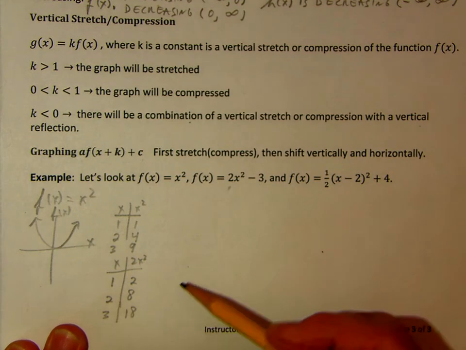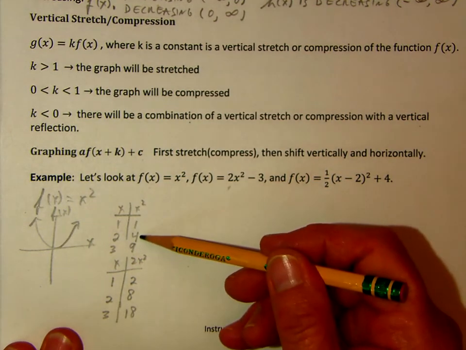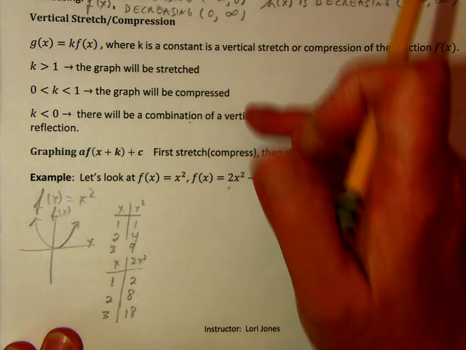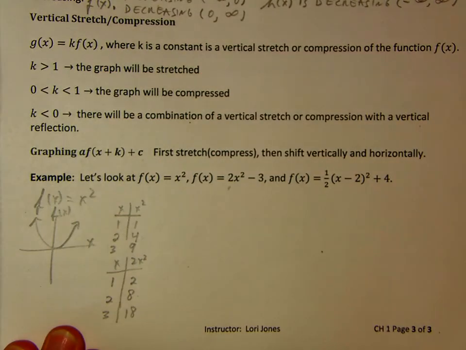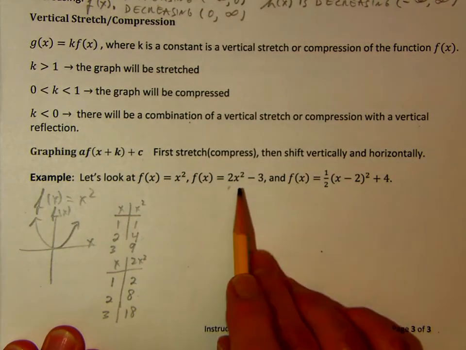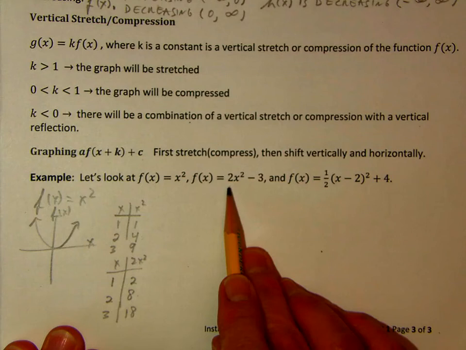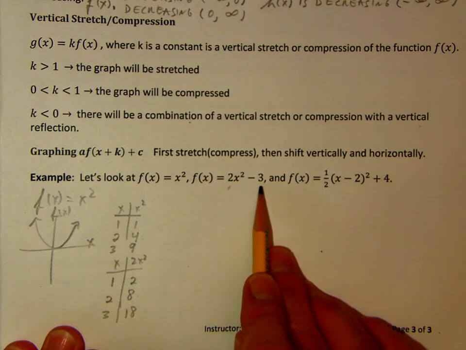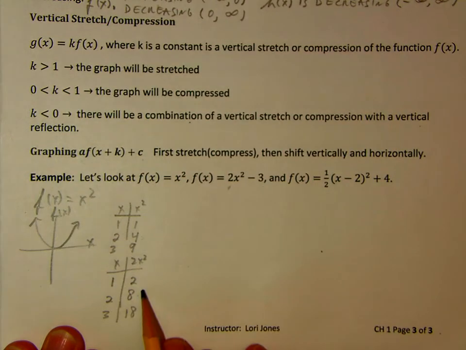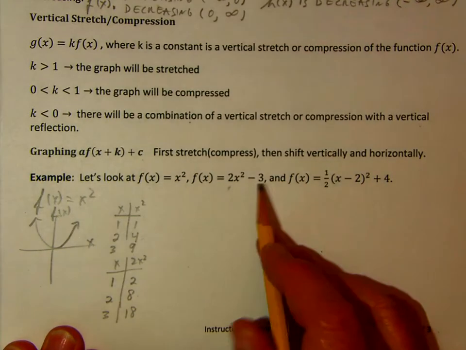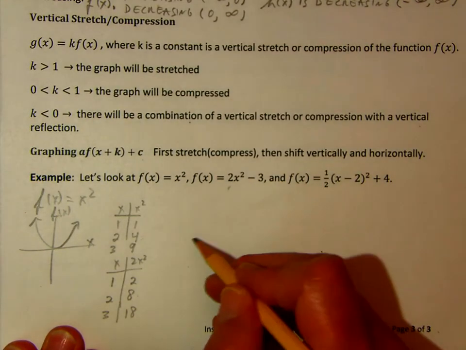So where we're achieving these points is much higher. That's what we mean by a stretch. So when we look at this graph here, 2x squared minus 3, we expect that stretch. So it's going to be skinnier because we're attaining the higher points faster, and we're going to move down 3.